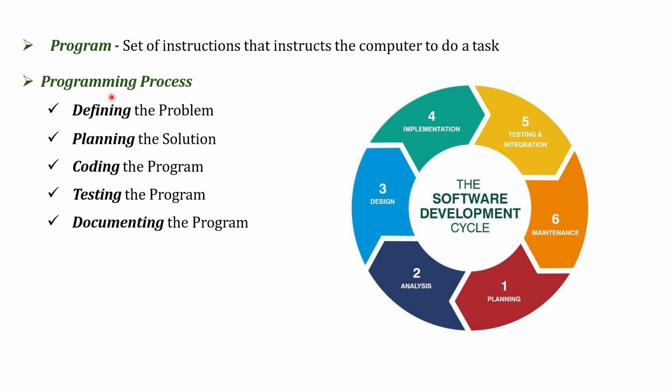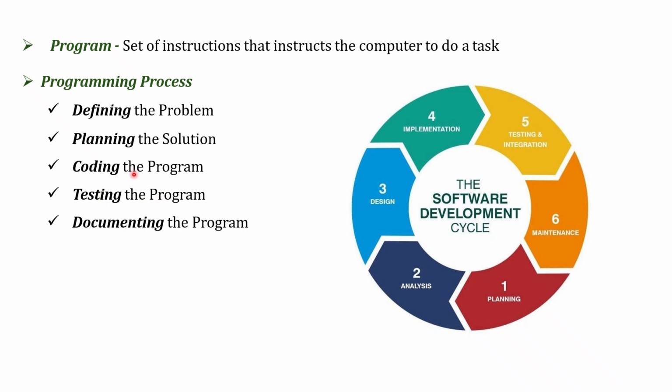The programming process involves these steps. First we define the problem, we plan the solution, then code the problem. Coding the problem is nothing but writing formal instructions that a computer can execute to get the solution. Then we test the program.